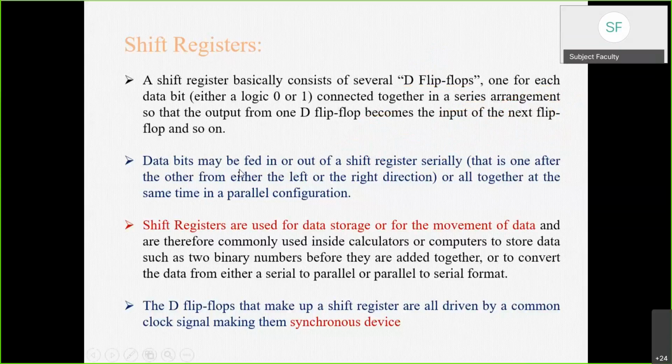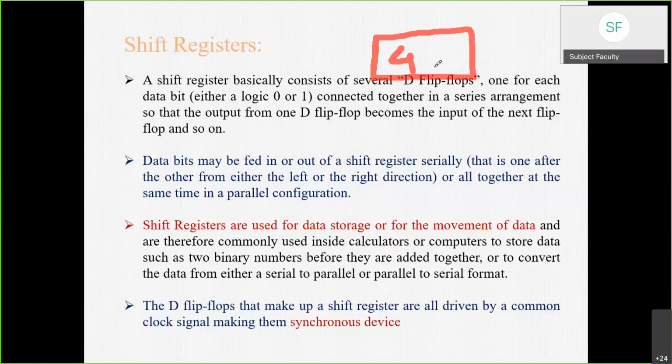Then the data bits may be fed in or out of the shift register serially or in parallel combination. So what do you mean by serial combination and parallel combination? Let's say I'm treating this one block as my 4-bit shift register. What do you mean by a 4-bit shift register?